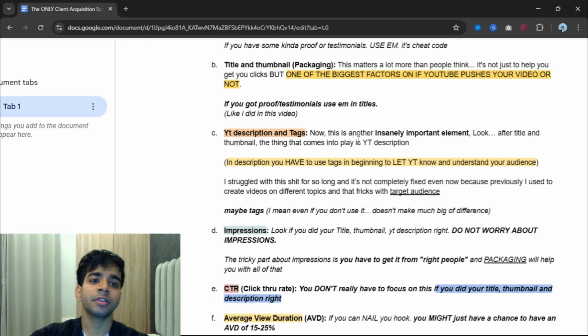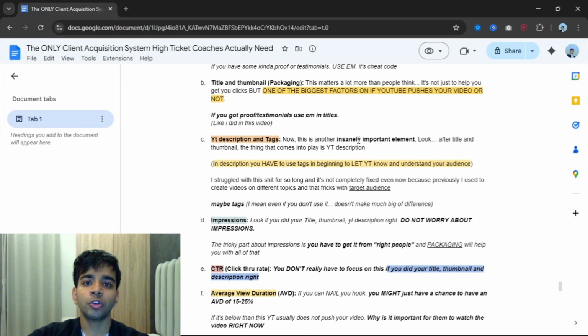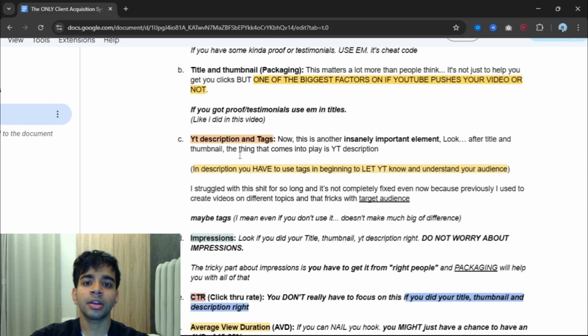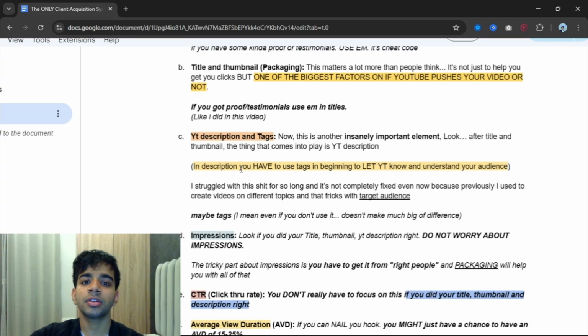Now this is another insanely important element that YouTube is going to analyze before it decides who to push your videos towards, right? Look, after the title and thumbnail, the thing that comes into play is the YT description. In the description, you have to use tags in the beginning to let YouTube understand your audience.